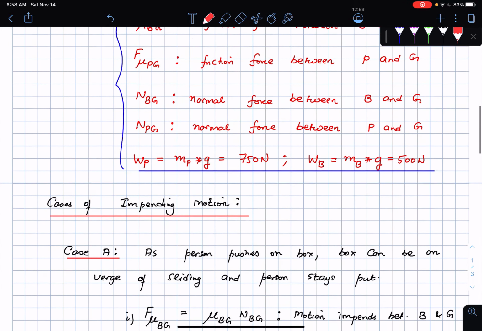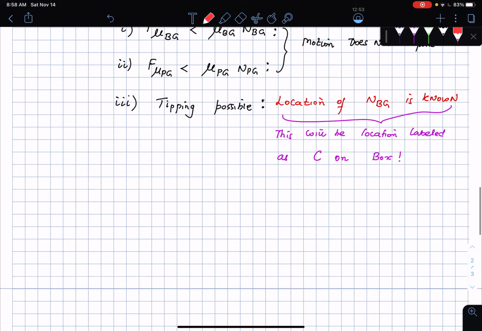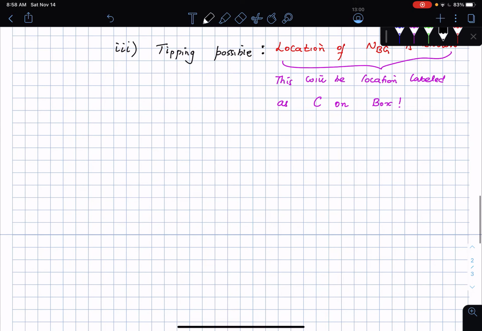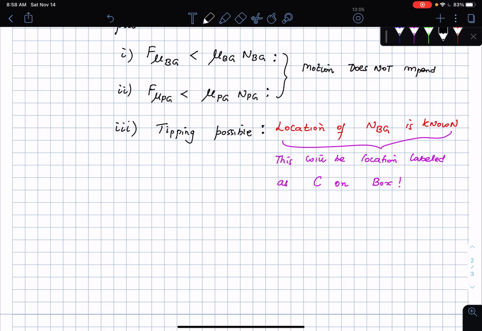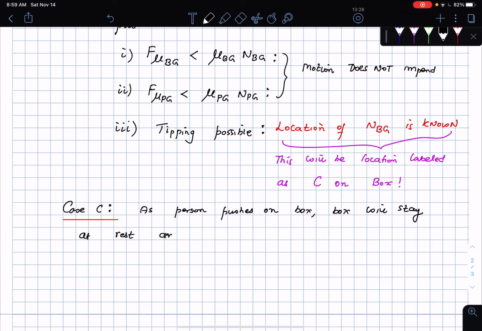Okay, all right. Then I have the third case. What is the third case? So case C, I guess. In case C, it is possible that as the person pushes on the box, the box will stay put, and the person might start sliding.